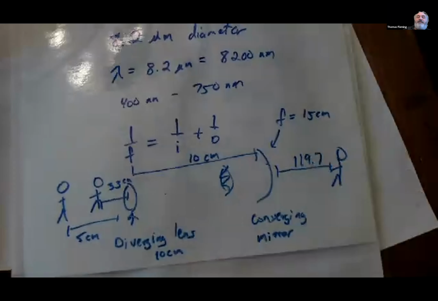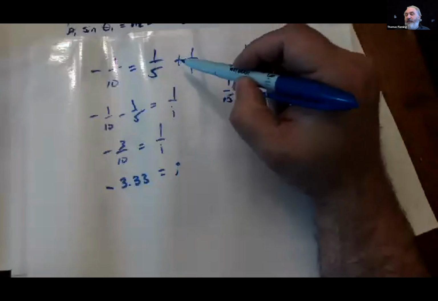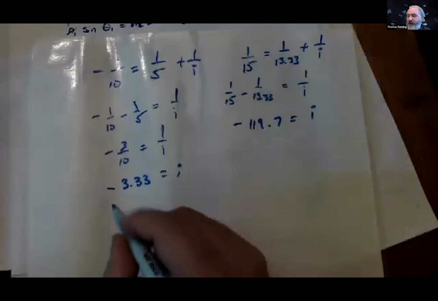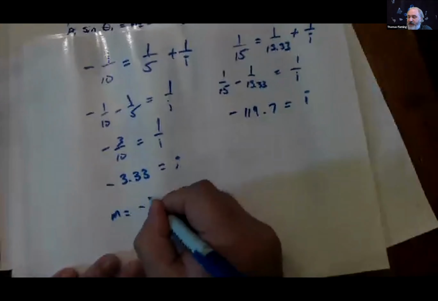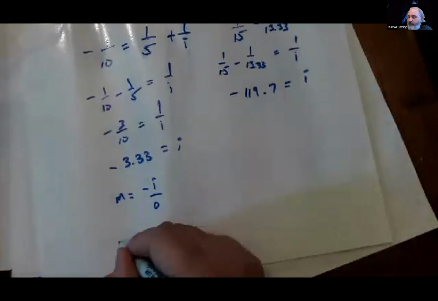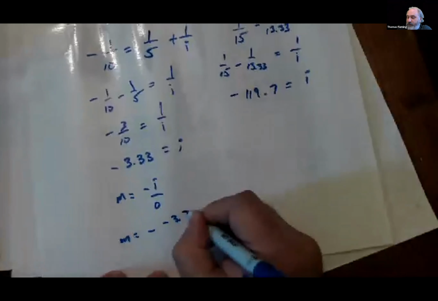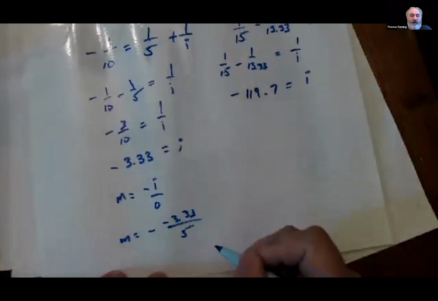Now, what is the magnification of this whole shebang? I have to find two magnifications: the magnification from the first lens, and the magnification from the second mirror. In either case, the magnification is negative I over O. For the first lens, the magnification was negative 3.33 over O, which was 5.